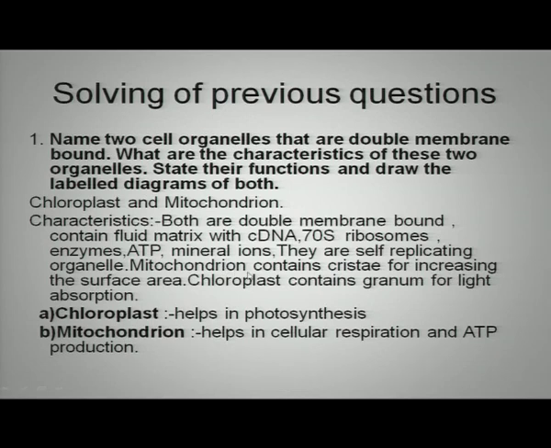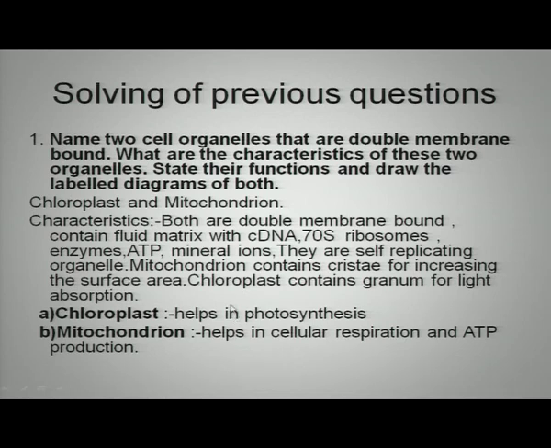Now, their difference is mitochondrion contains cristae, the infoldings of the inner membrane, which increases the surface area. Chloroplast contains granum for light absorption. Now, regarding their functions, the main function of chloroplast is to help in photosynthesis.